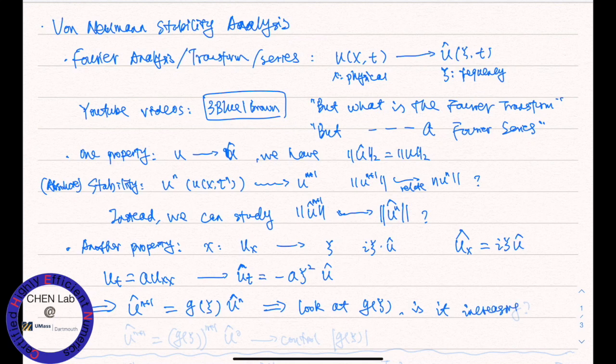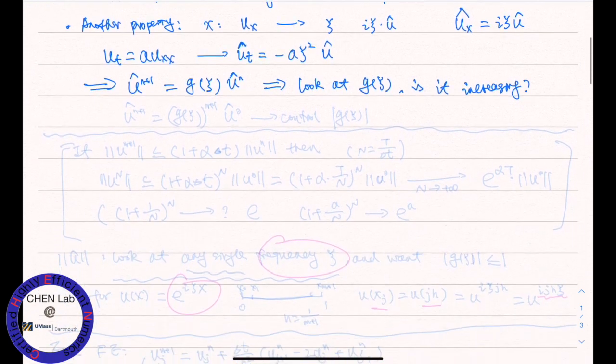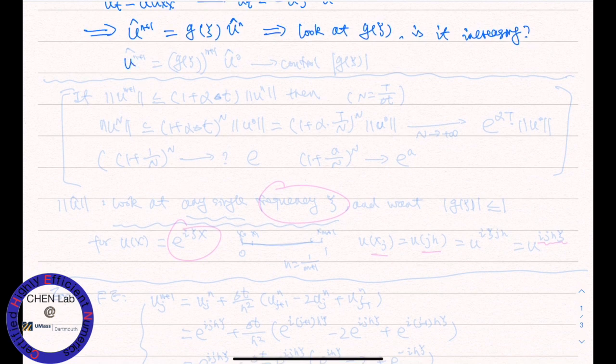Is it increasing or not? Because if every time you advance one level, you're multiplying by G(c), that means my U^(n+1) hat is equal to G(c) to the (m plus 1)th power of my U^0 hat. All right.